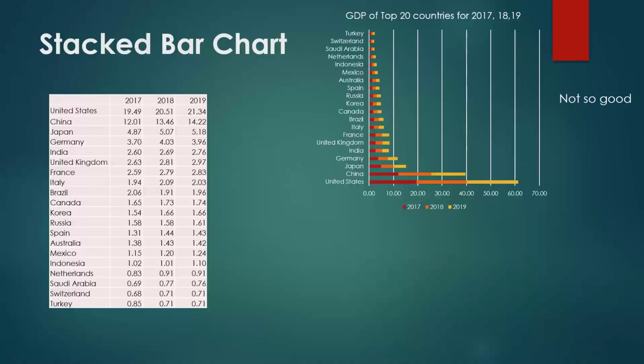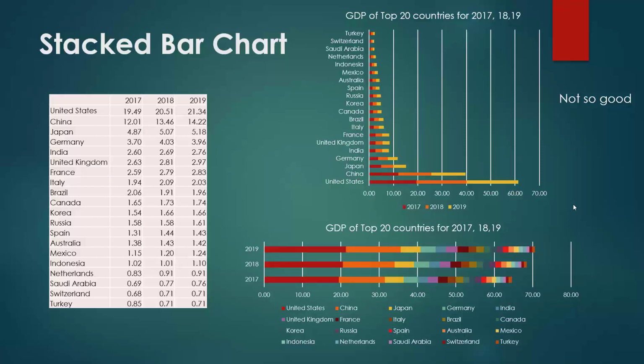This is not such a good stacked bar chart because it's hard to see how each country is stacked up against others. Now you can see how each year is stacked up against each other, but I would rather see how each country is stacked up with each other. So I can draw a stacked bar chart where for each year I can see how the countries stack up.